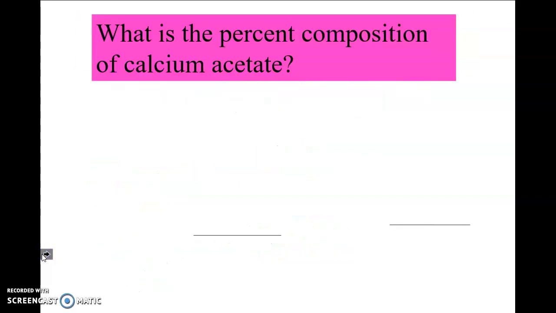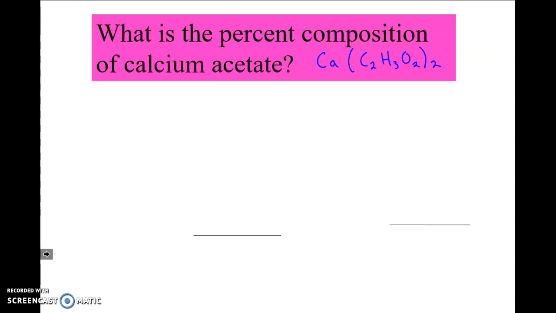What is the percent composition for calcium acetate? Well, you need to know the formula for calcium acetate, Ca(C2H3O2)2, and there's a 2 subscript on the outside there. So first things first, we don't have any numbers, so we have to calculate a molar mass.